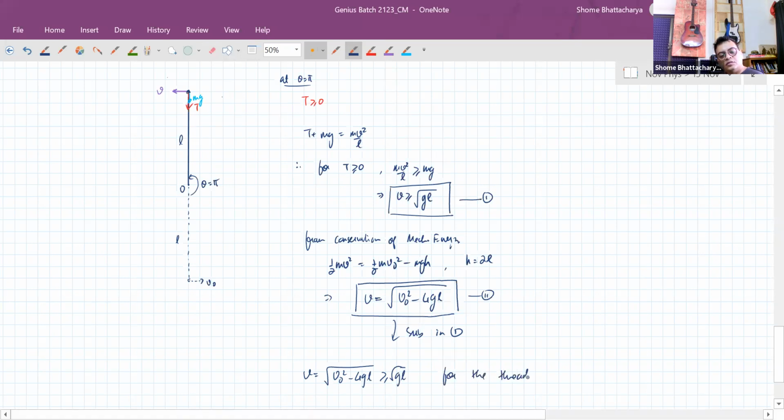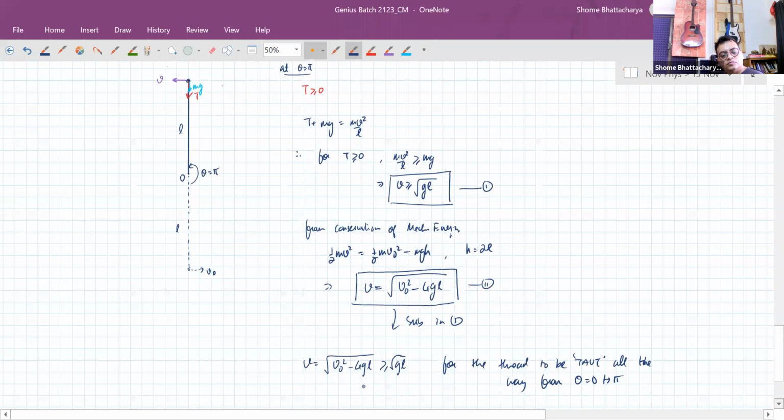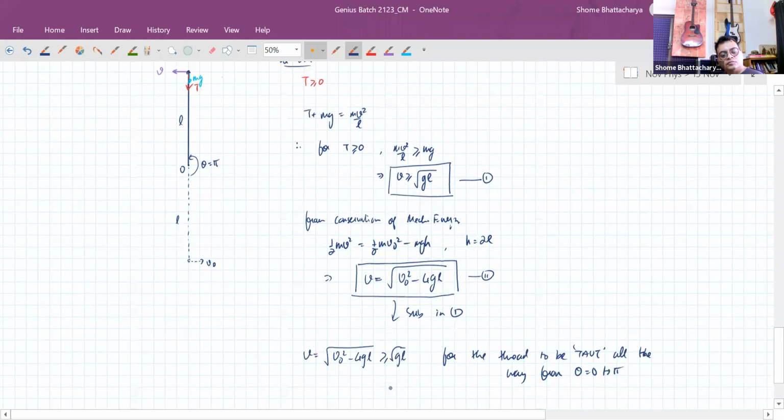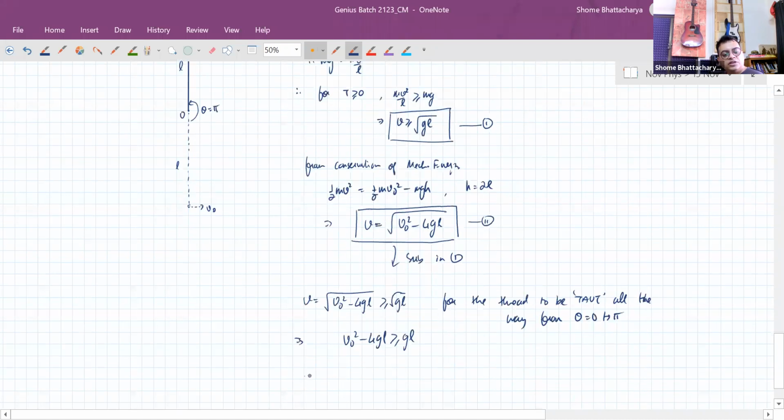For the thread to be taut all the way, the critical condition we get for velocity at the lowest point is root 5 GL.